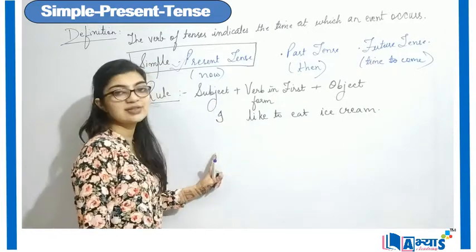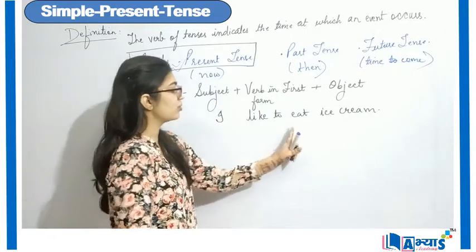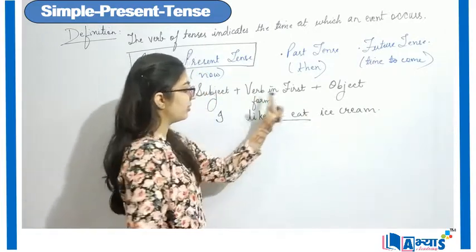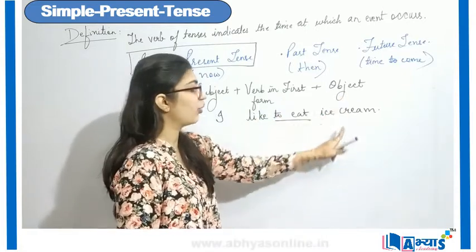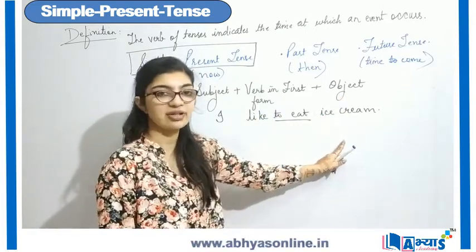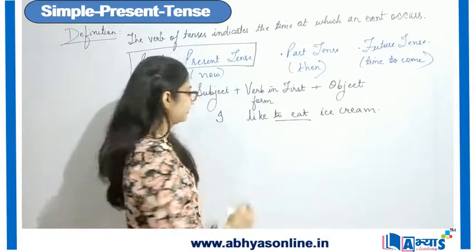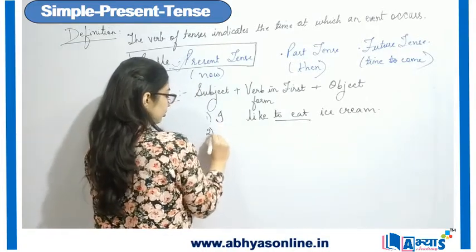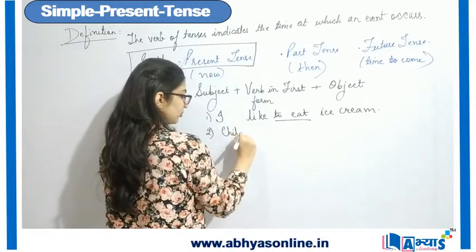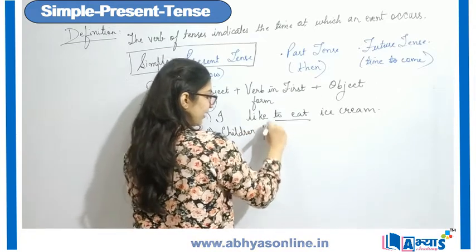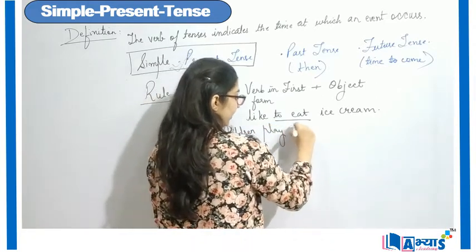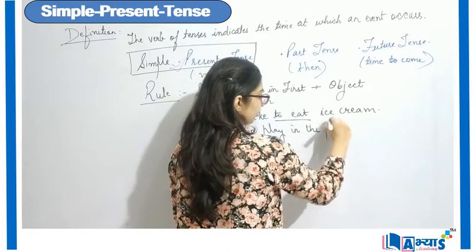I over here is my subject. Like to eat, to eat is my verb in first form. And object over here is ice cream. So this is my simple present tense. Children play in the playground.